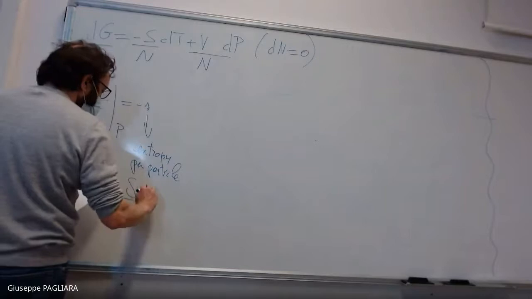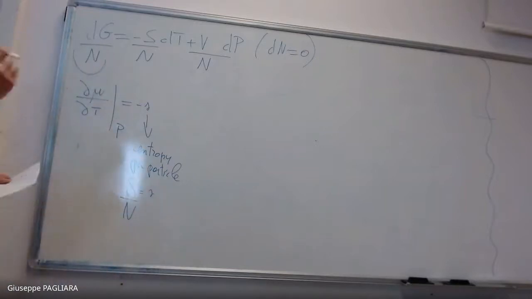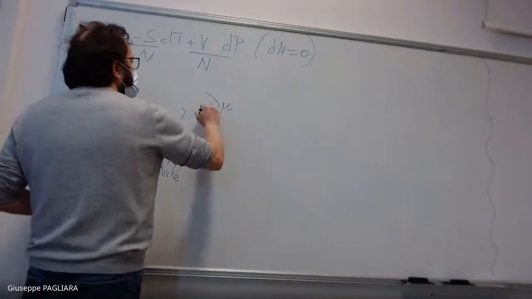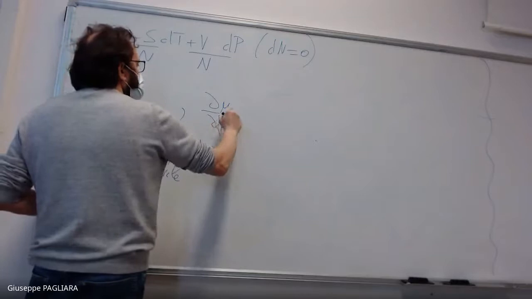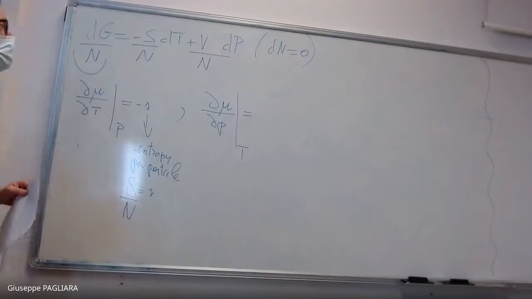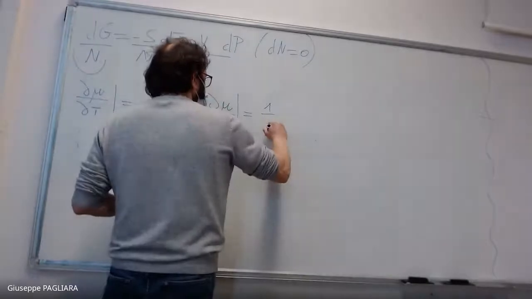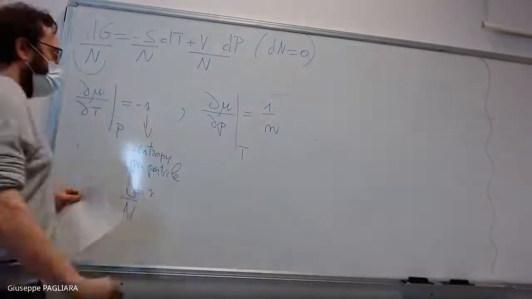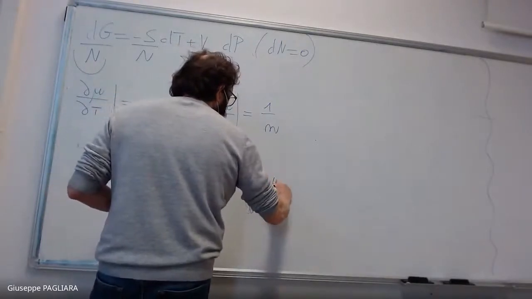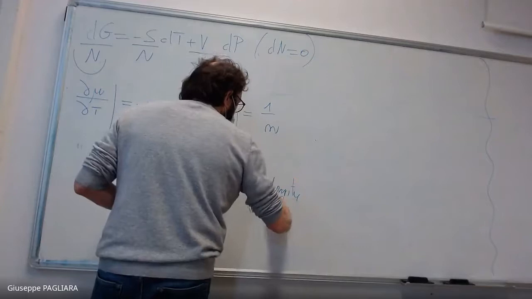S divided by N is small s. I define this quantity, and there is a minus. Okay? So d mu dT at fixed pressure is minus the entropy per particle, and also from this equation, I derive that d mu with respect to pressure at fixed temperature is 1 over n, where n is the density of particles.